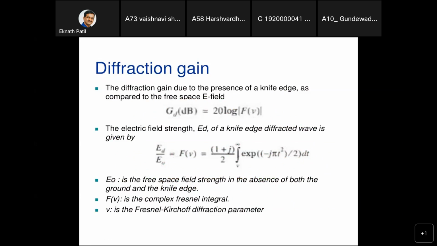Diffraction gain due to the knife edge as compared to the free space loss E field, and the electric field strength Ed of the knife edge diffracted wave, is given by this expression. E naught is the free space field strength in the absence of both the ground and the knife edge. F of V is the complex Fresnel integral, and V is the Fresnel-Kirchhoff diffraction parameter.